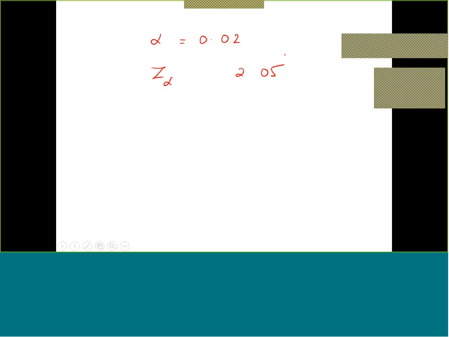So now you can write the rejection rule based on this. So what do you write? So you will write that reject H naught if z is less than or equal to minus 2.05 because it is a negative value. So below minus 2.05 is our intention. And also this is a what type of test? Left tail test. Now z already you calculated. So what is the z value you calculated?